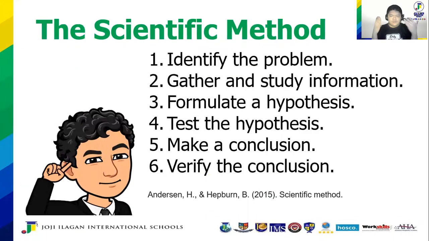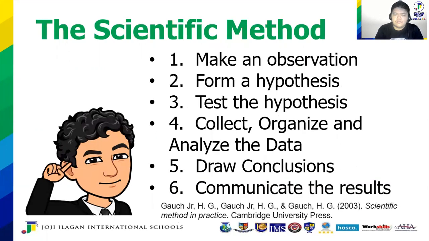Again, just to run through everything, we have discussed the 6 steps of the scientific method: identify the problem, gather the information, formulate your hypothesis, test the hypothesis, then make a conclusion, then verify or share the information that you have. Again, the steps may vary.